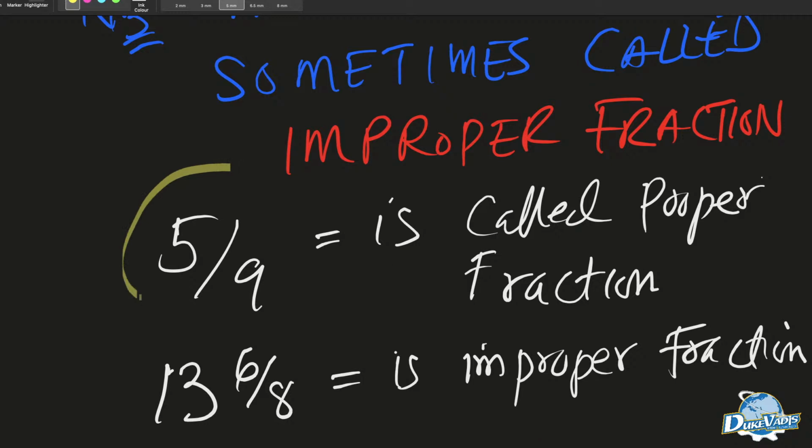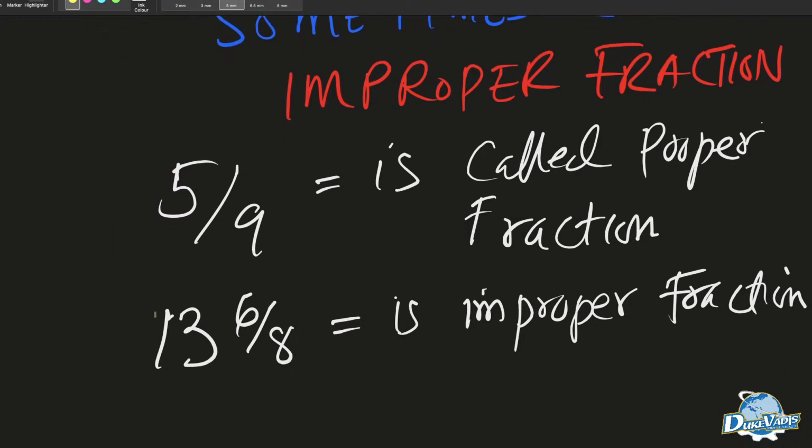Now we know that 5 over 9 is a proper fraction because there's no number in front of it. No number like 2, no number like 3, no number like 4, no number like 15 or anything. As compared to 13, which comes before 6 and 8. As we always know that 6 and 8 are our fraction, the 13 inclusive makes our fraction improper. So that is what we call an improper fraction.